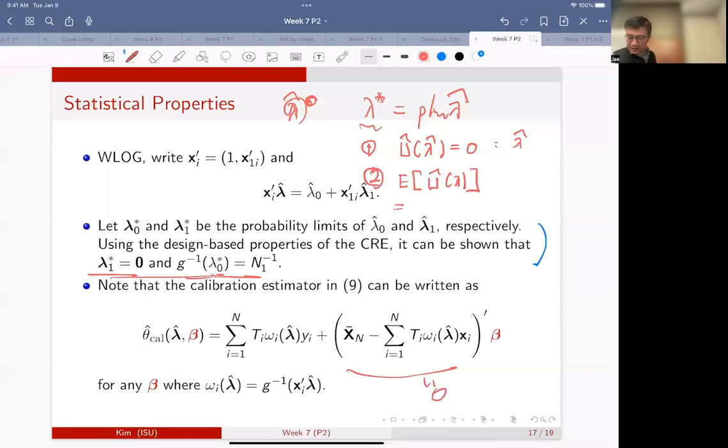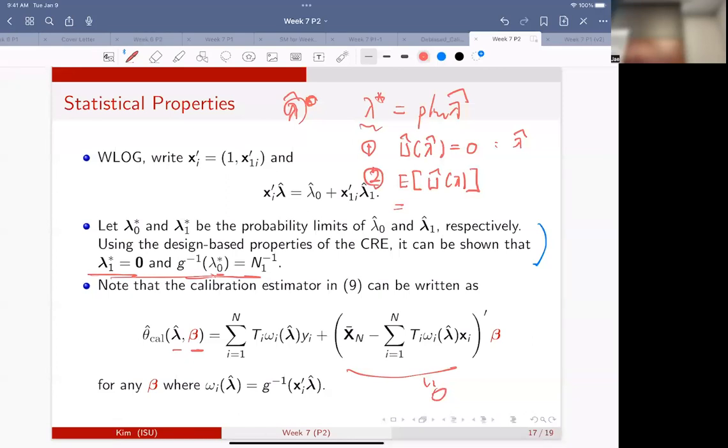Then write it as a function of lambda and beta. And then I want to somehow transfer the randomness of lambda hat to the randomness of beta hat, because for the linearization, I want to get rid of the randomness and sampling variability of lambda hat.